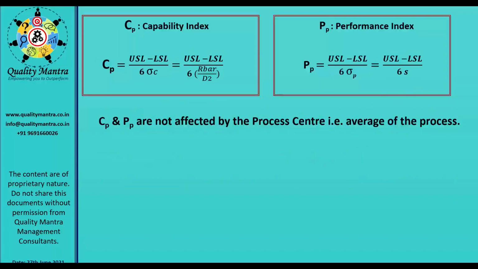Okay, so now we go to the capability index and performance index, the CP and PP. Now, if you see the formula, till now we were talking about the control limit. Now what we are talking about is the USL and LSL. So can somebody tell me what is USL and LSL?